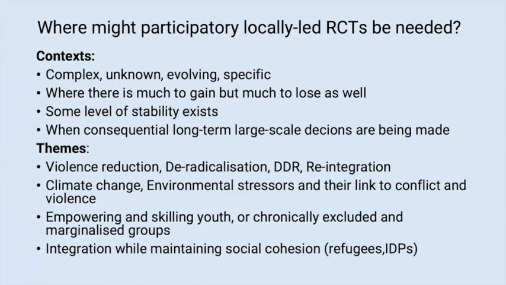So finally, just to finish off with some thoughts about where else participatory, locally led RCTs I think might be most needed at this point. To speak in generic terms, RCTs are most needed in contexts that are complex, unknown, evolving, and very specific to the particular geography that we're interested in.